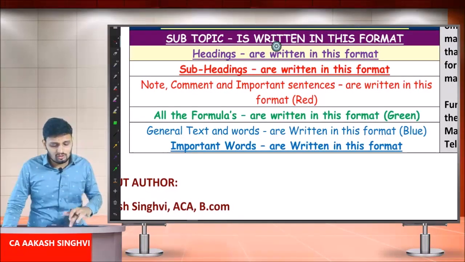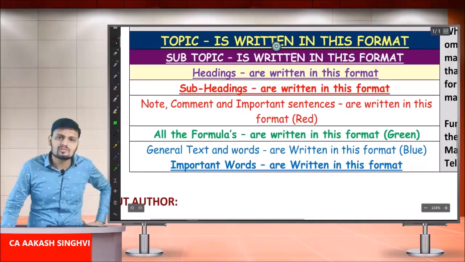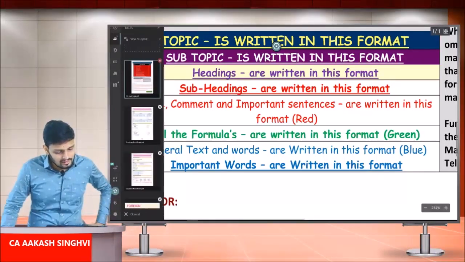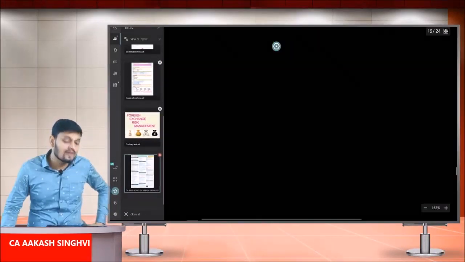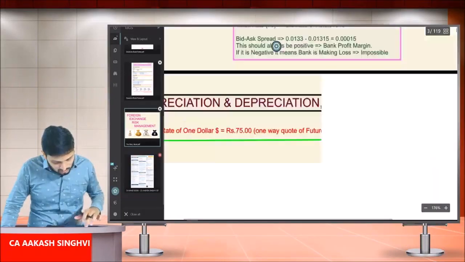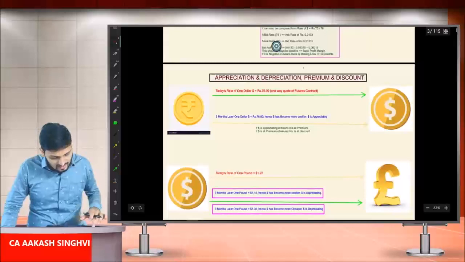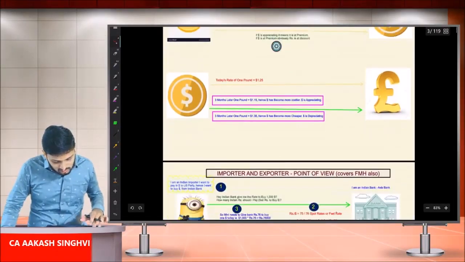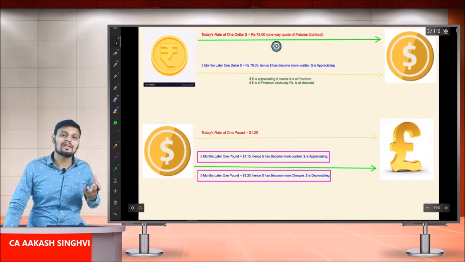So I would request you to go through this page. I have shared it with you. So kindly go through this particular page, right? So that you will understand our nano book efficiently. Done. Let me also try to take appreciation and depreciation. I have done it with the help of a diagram also here. So later you might also go through this diagram for a deeper understanding with the help of a pictorial presentation.